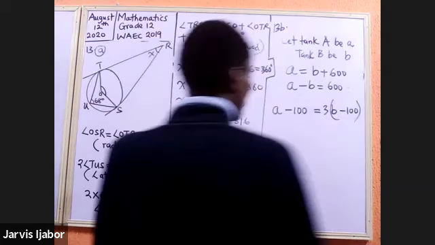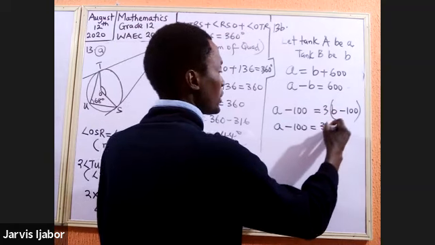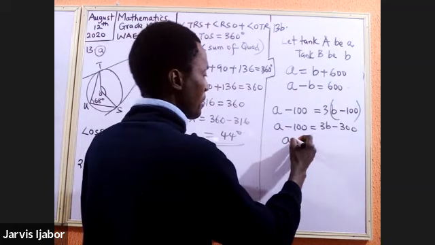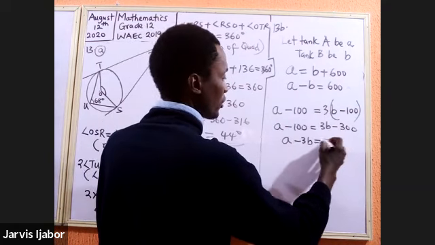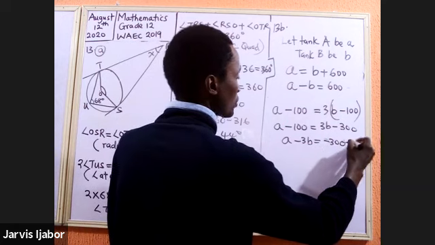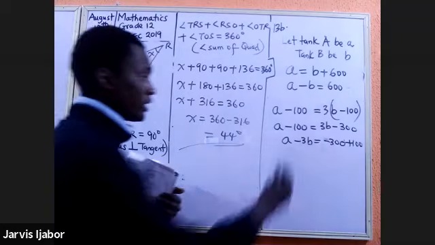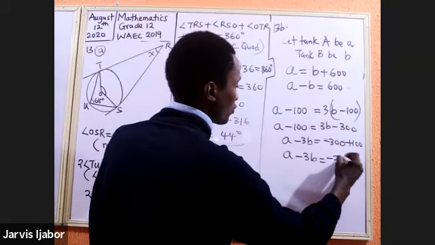This will now be A minus 100 equal to 3B minus 300. If I got the narrative right, meaning that A minus 3B will be equal to minus 300 plus 100. I hope I got that narrative right. Good. So A minus 3B will be equal to minus 200.